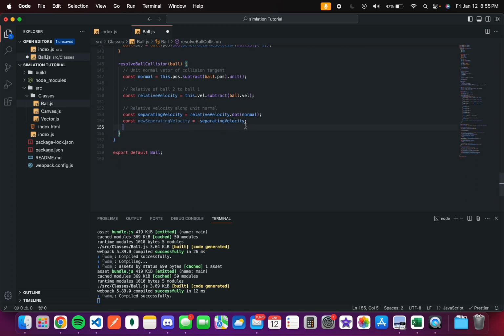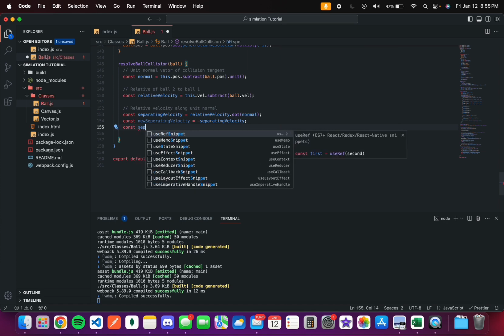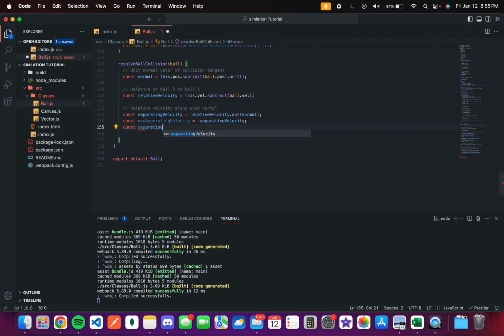Then we also have to get the vector of this, separating velocity vector, and it's along the normal, so there you go. And so this is the velocity that we're going to be using to bounce the balls off of each other.